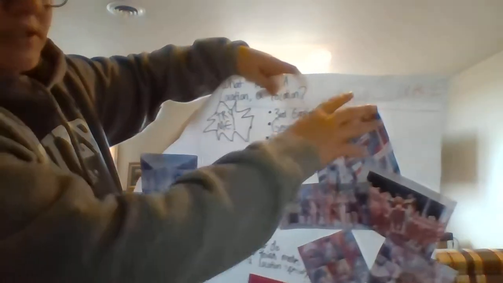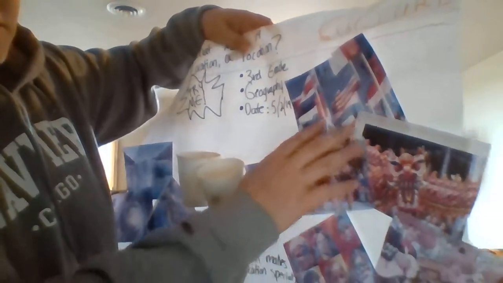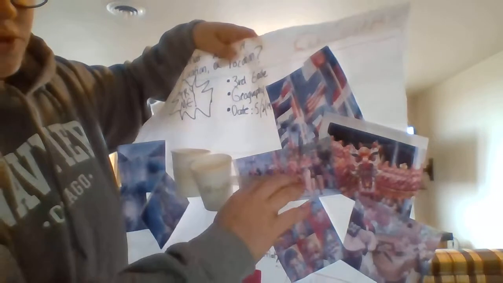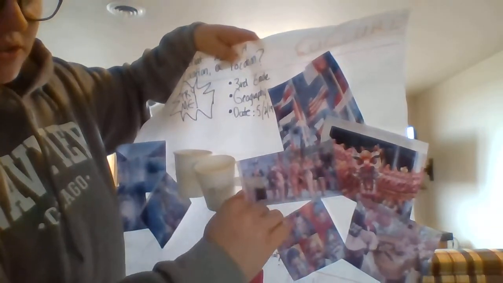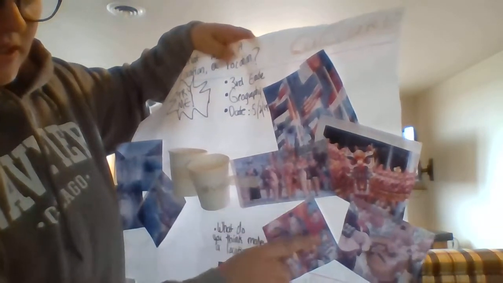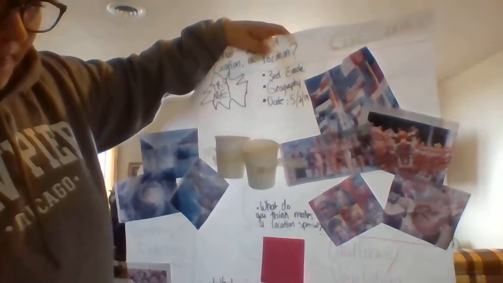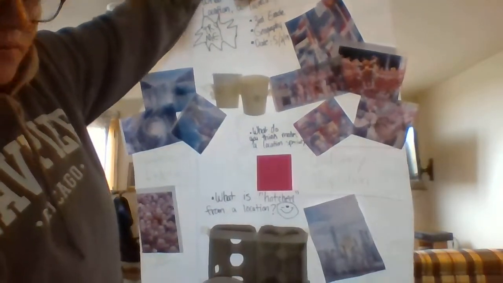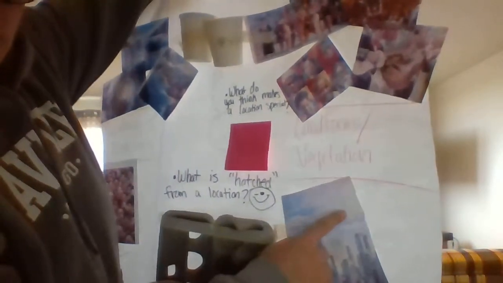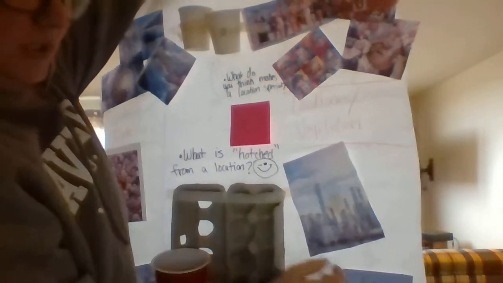And then on this side I have culture, and I have some pictures of culture: flags, Chinese dragons, India, different races, Mexico, music. Landforms and vegetation was also one of my objectives.